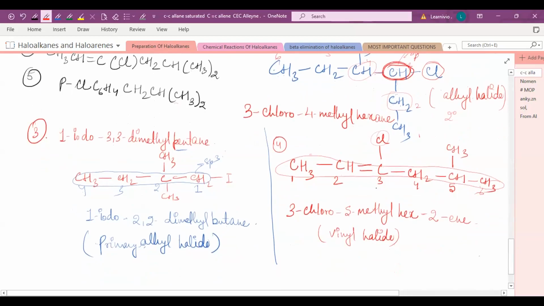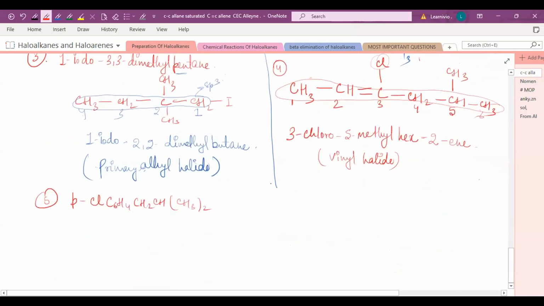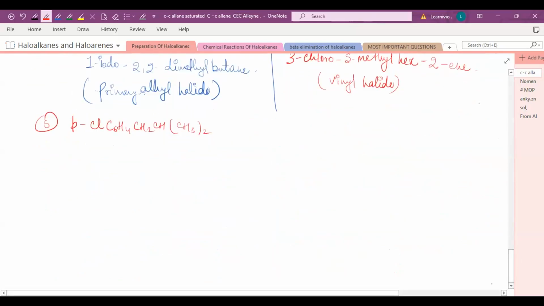See, fifth is para chloro C6H4 CH2 CH (CH3) whole twice. Now see this C6H4, what does it show? This basically shows the benzene ring.